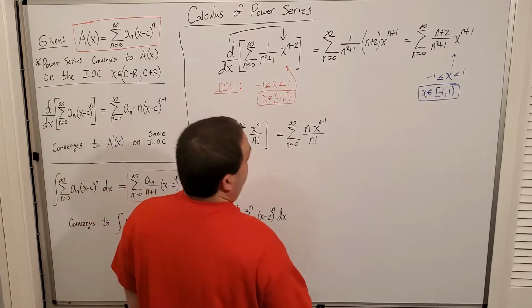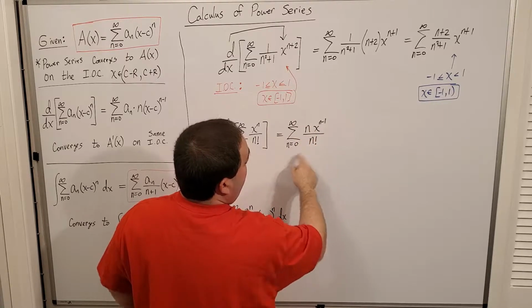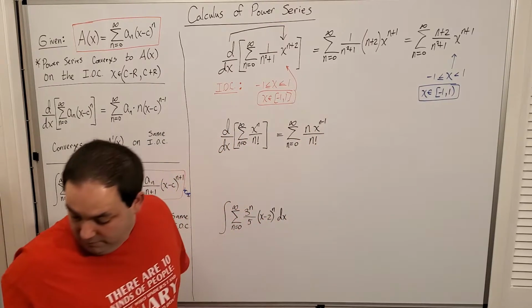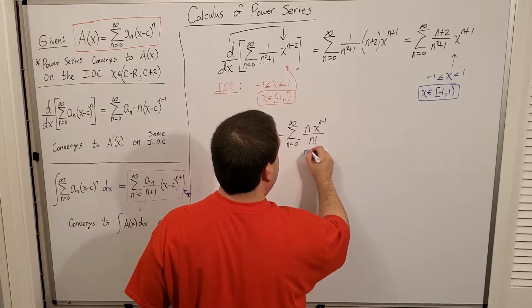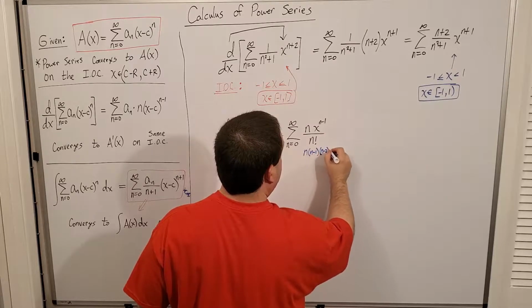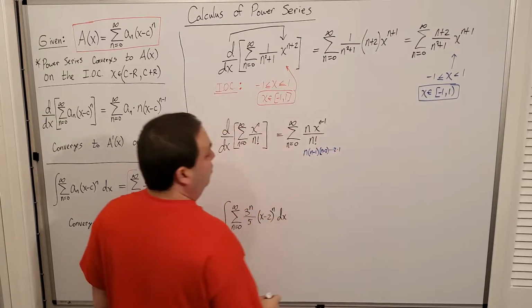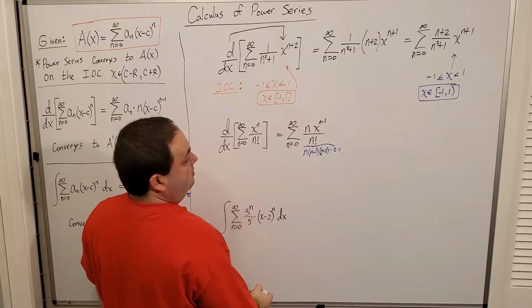Also, here's another thing. If I simplify this, n divided by n factorial, don't forget that n factorial I can actually reduce as n times n minus 1 times n minus 2, all the way down to 2 times 1. So this is what n factorial is.